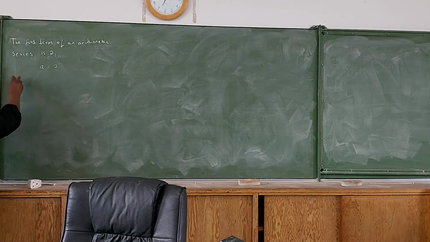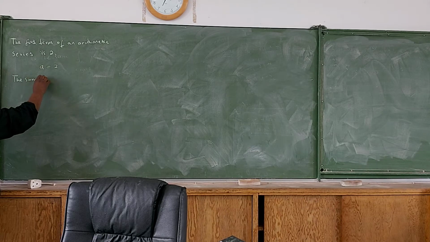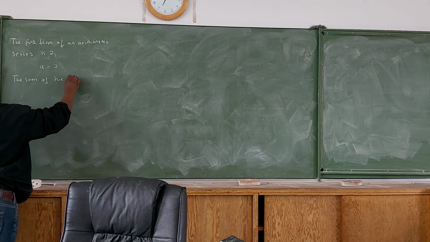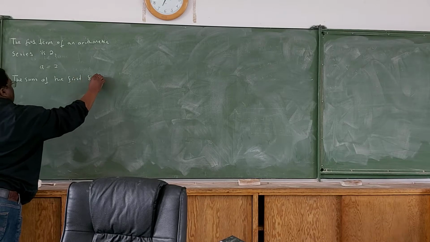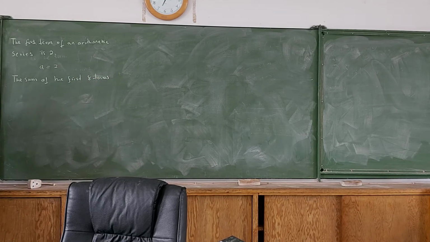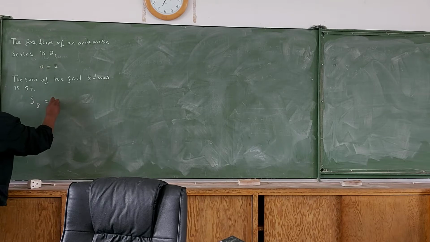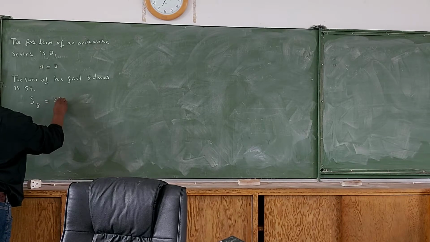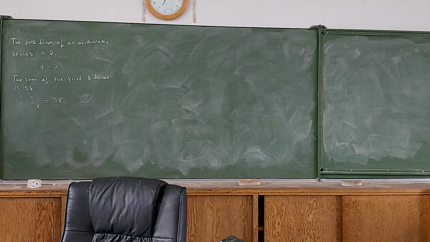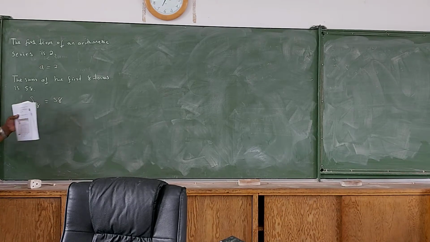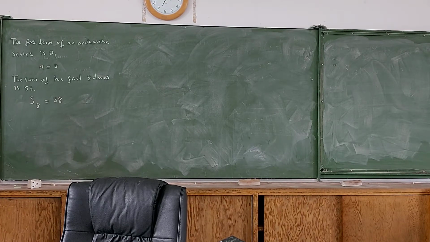The next one says the sum of the first 8 terms is 58. Okay? So if you use the formula here, for the sum of the whole series, you know the first term.